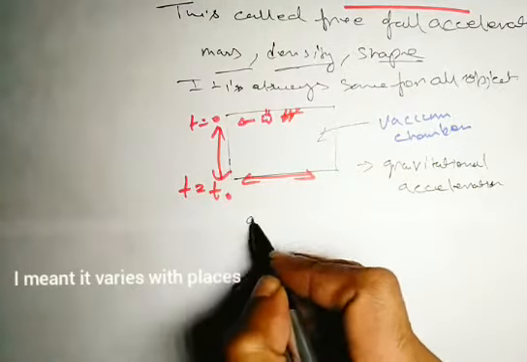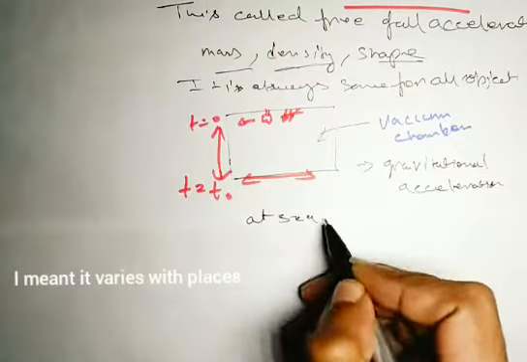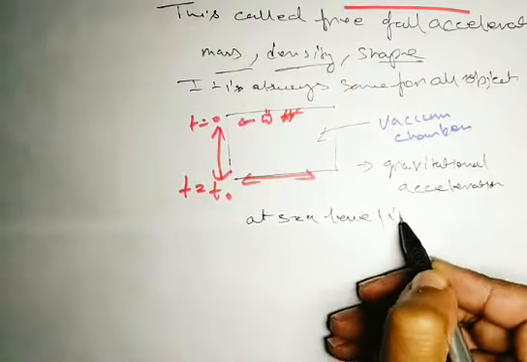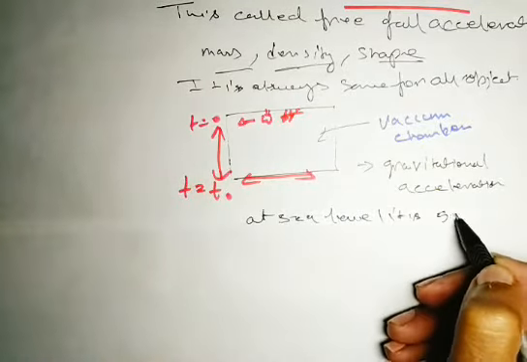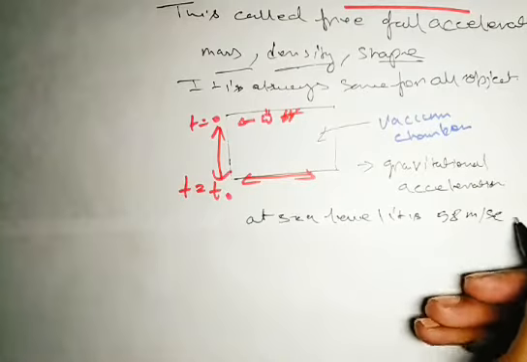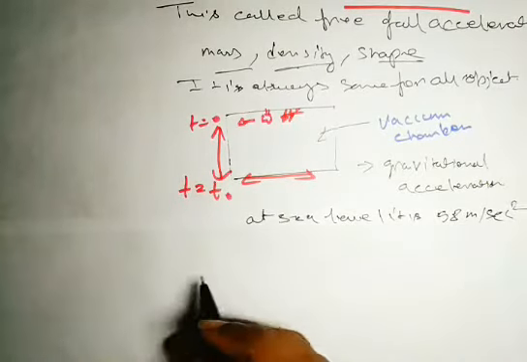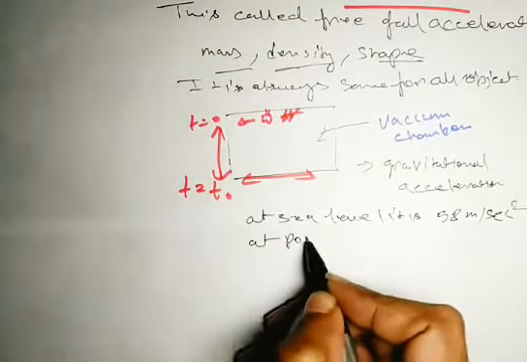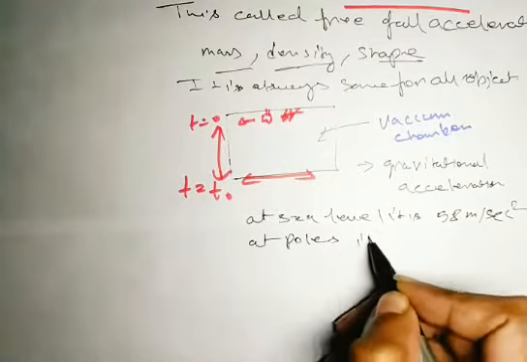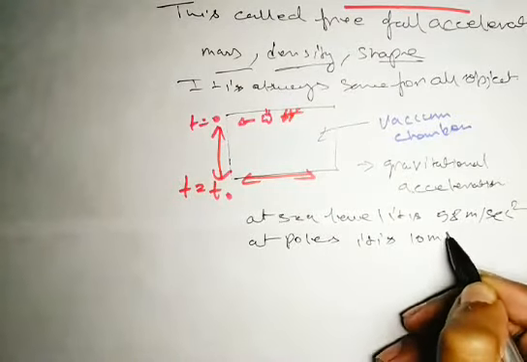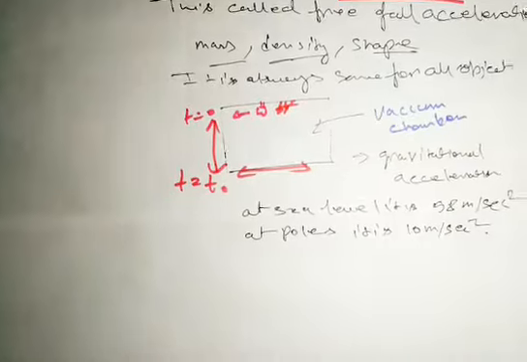Like at sea level, it is 9.8 meter per second square, and at the poles it is 10 meter per second square.